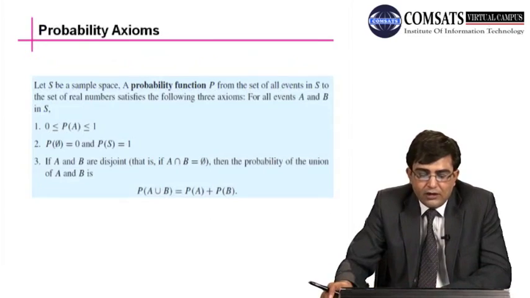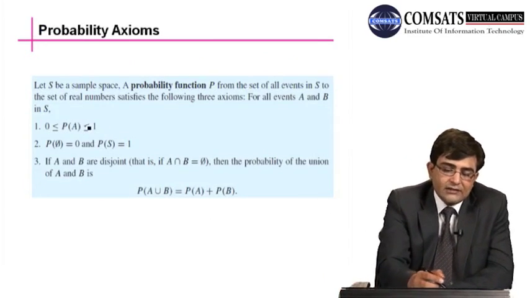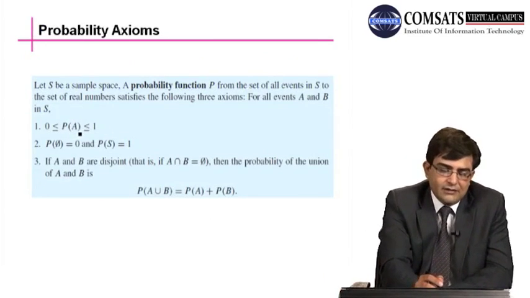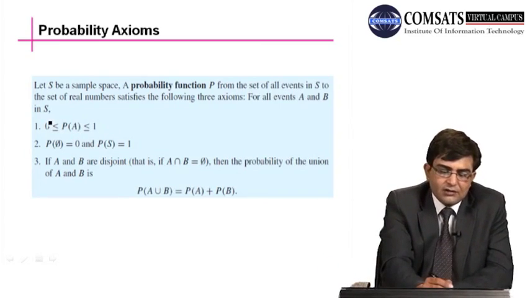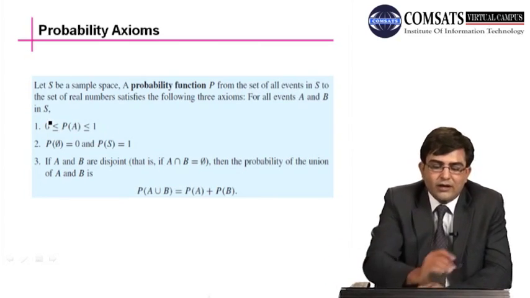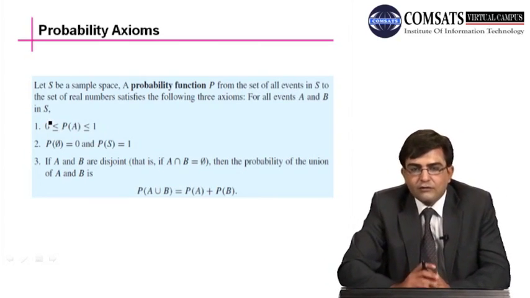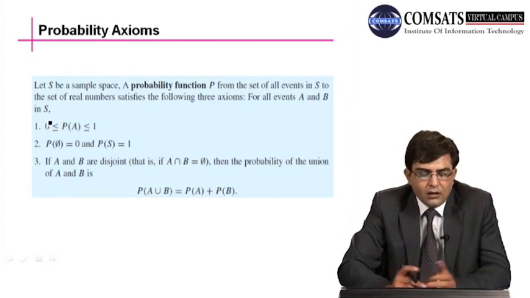So here we can conclude that the probability of any event which is a subset of the sample space must be greater than or equal to 0 and less than or equal to 1. So this is the first axiom of probability.